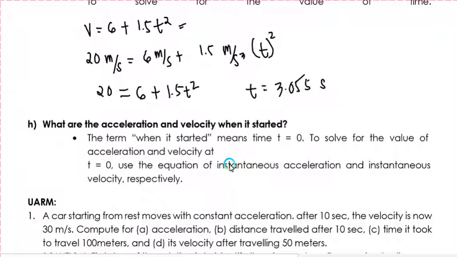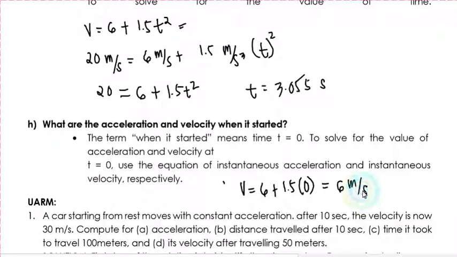At t is equal to 0, the velocity will be equal to 6 plus 1.5 times t squared, where t is 0. So at time equal to 0, our v is equal to 6 meter per second.